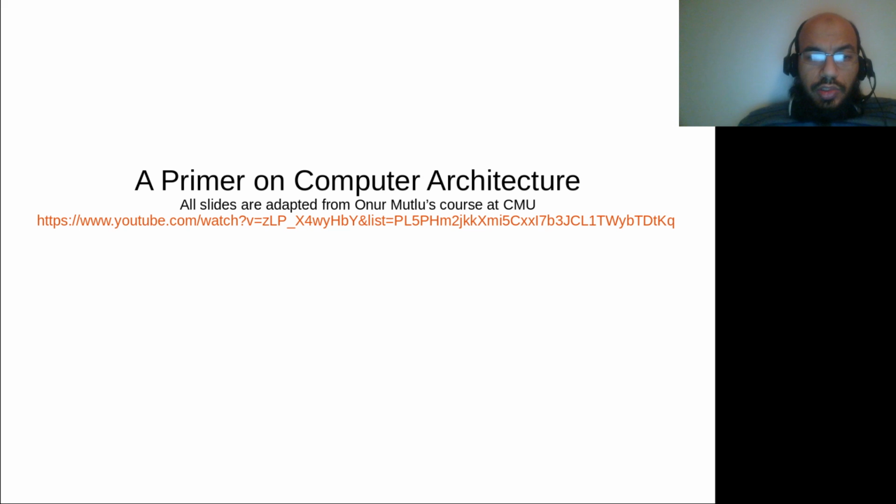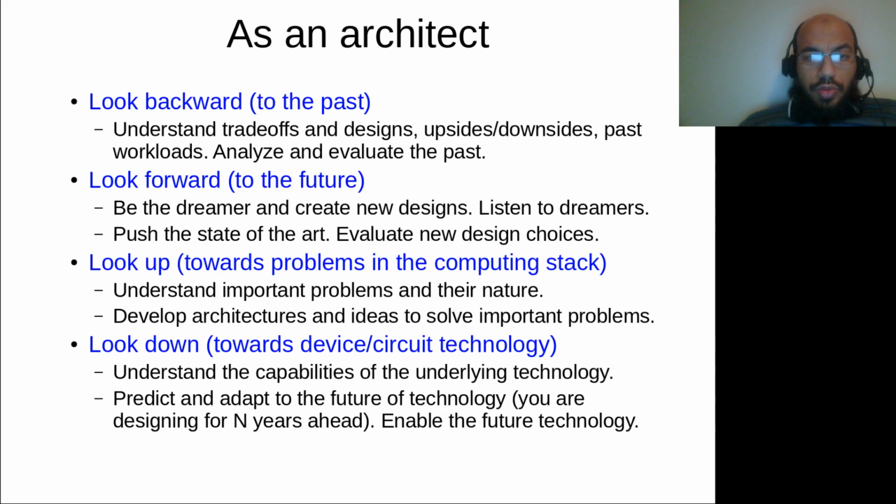With this, I would like to start going through what a computer architect does. A computer architect is someone who tries to do what an architect does for a building. A computer architect designs and puts the blueprints for how a processor will look, for how the whole computer organization will look. And to do that, he or she needs to look at things from the past, to learn from the past.